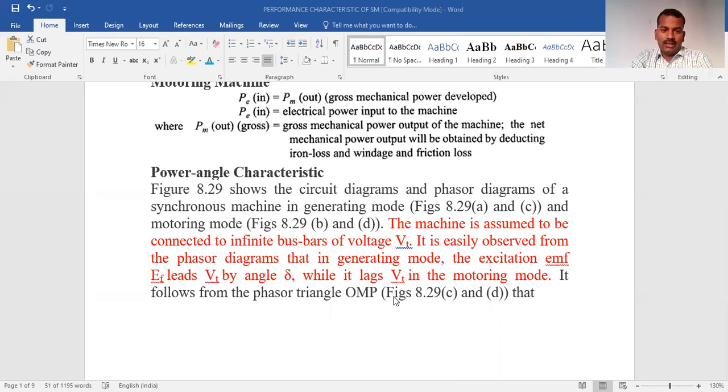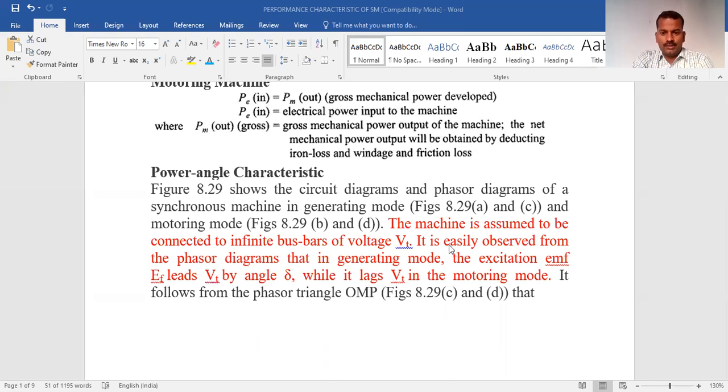When the synchronous machine is operated in motoring mode, then Ef will lag the terminal voltage or infinite bus voltage Vt by angle delta. What is delta? Delta is the angle between Ef, the excitation voltage, and the terminal voltage Vt.